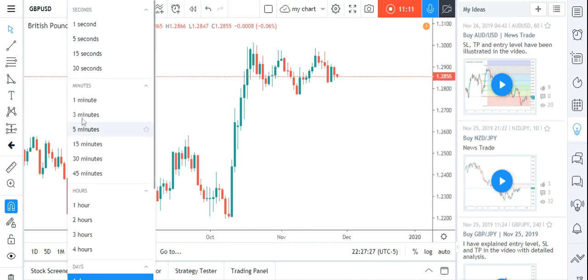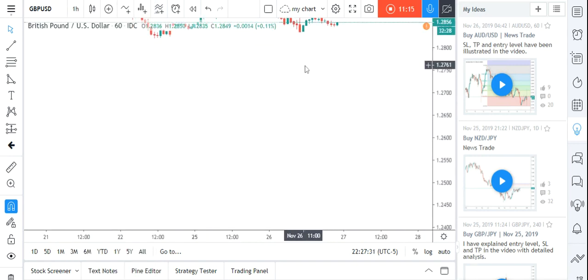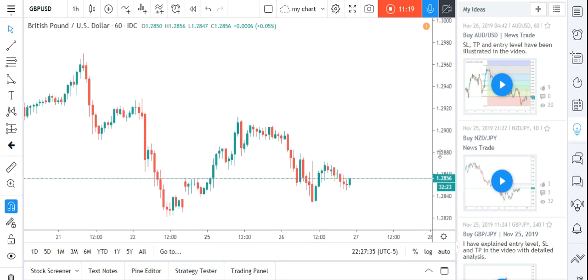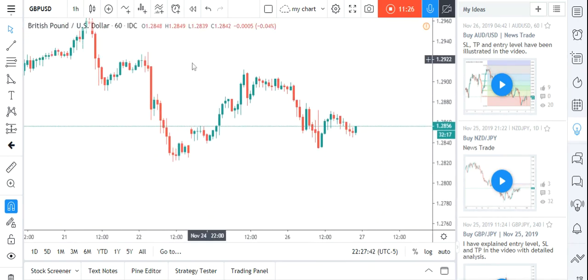So going back to the 1 hour time frame now. The butterfly which I am expecting here will be something like this. Let me draw that.